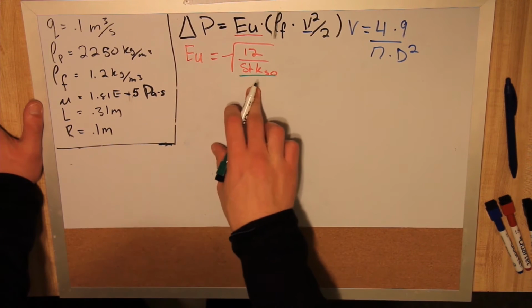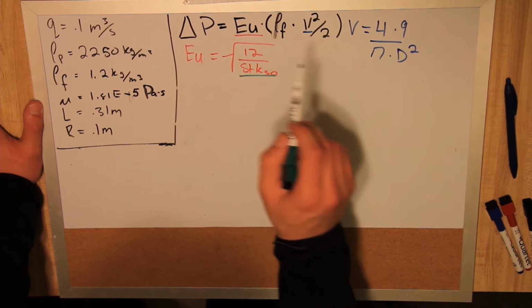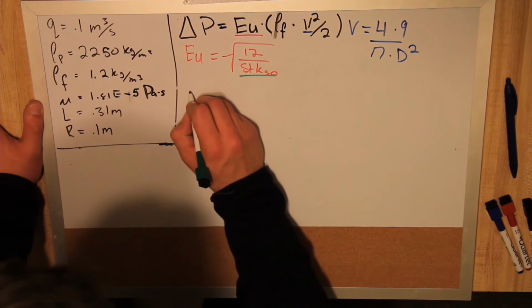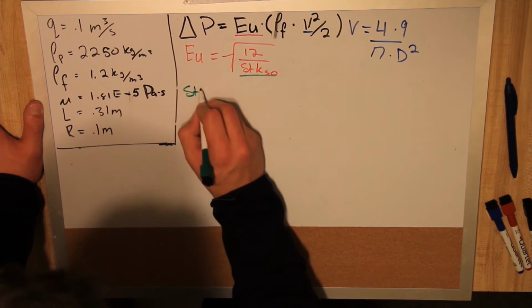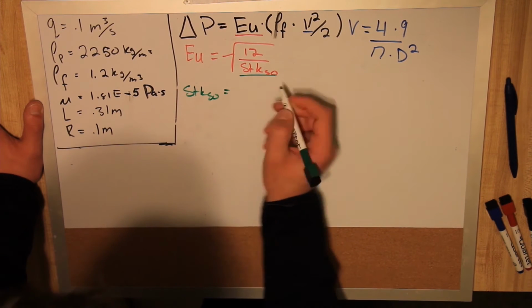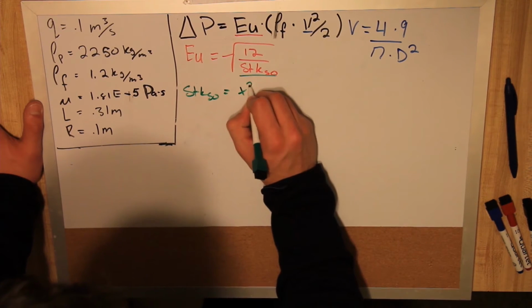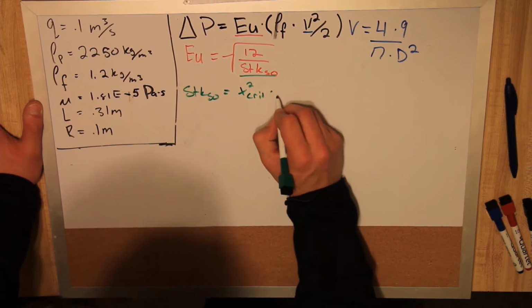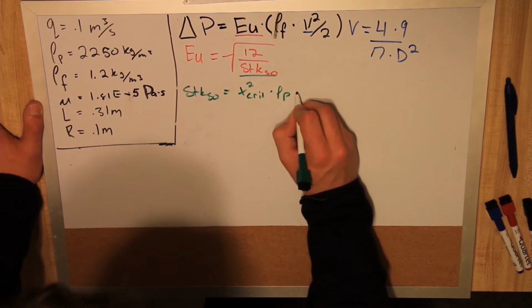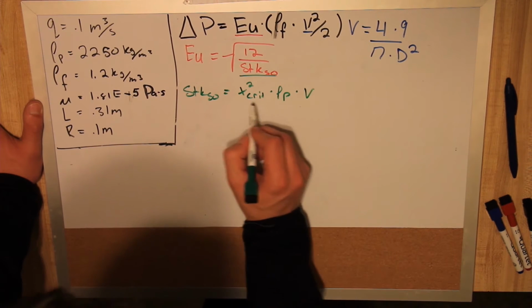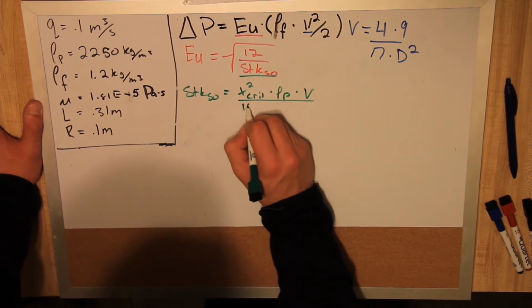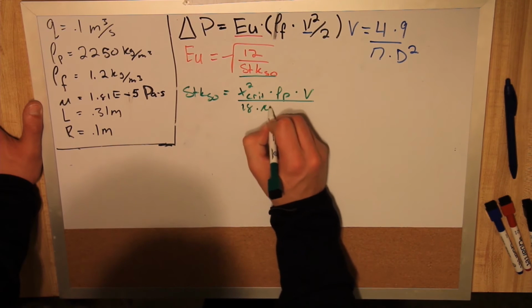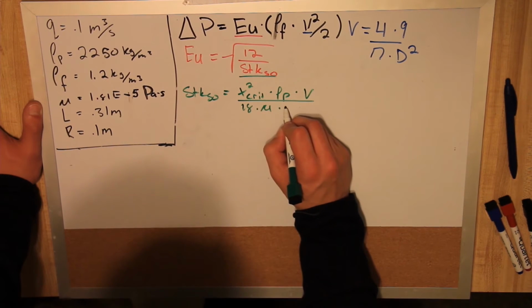All Stokes' number 50 is a ratio of the centrifugal force to the drag force. So the equation for Stokes' number 50 equals x crit times the density of the particle times the velocity, all over 18 times mu times diameter.